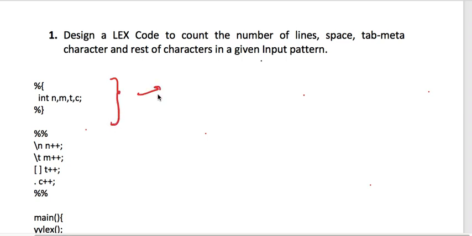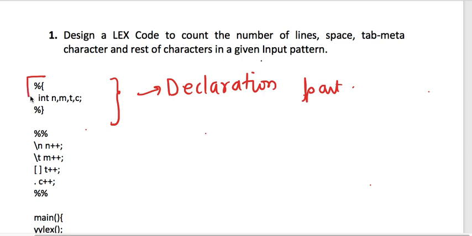This is called the declaration part. Whatever is written between the percent sign with opening curly brace and the percent sign with closing curly brace will be called the declaration section.